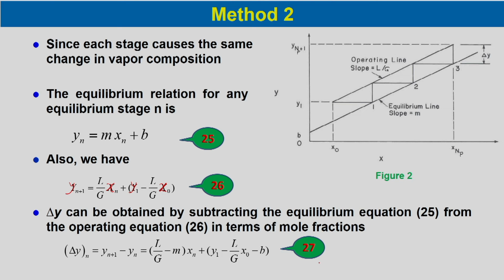So, delta y n equals y n plus 1 minus y n, which equals L by G minus m times x n plus y 1 minus L by G x naught minus b.